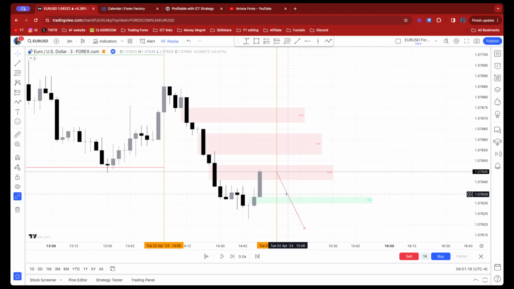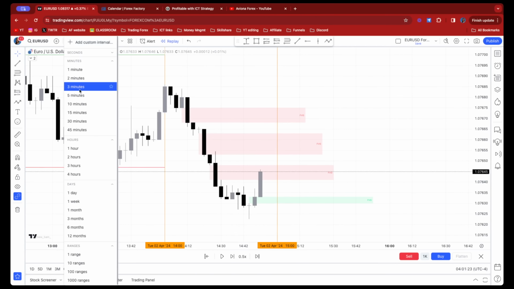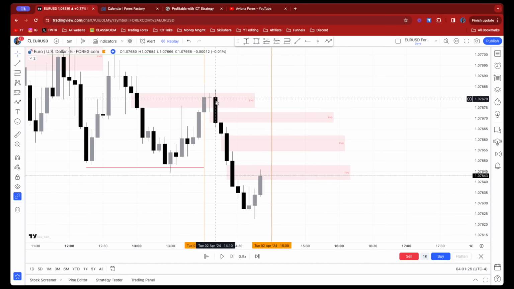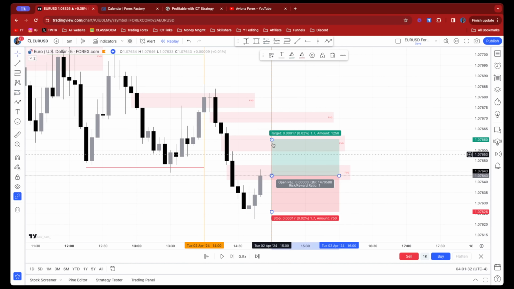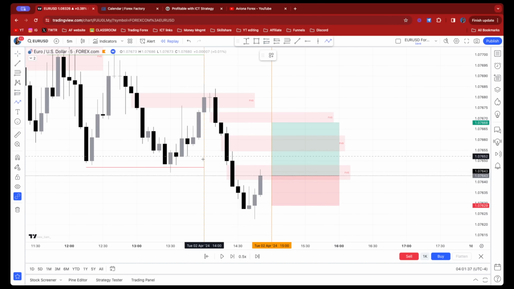In this case, usually when I see a series of fair value gaps and quite a clean price movement on the 3 minutes time frame or on the 5 minutes time frame, you can observe it also here, I would not be entering a trade to go long, because remember, when we see the price taking out sell side liquidity, we want to then be taking a long and we want to enter the trade here or wherever the price forms a fair value gap.